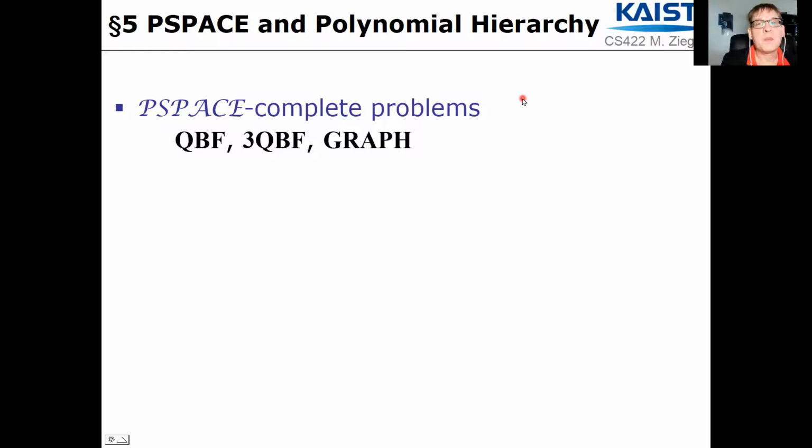In this chapter, we're going to introduce some problems that we will then locate in the complexity class PSPACE, namely quantified Boolean formula, 3 quantified Boolean formula, and a certain two-player game on graphs.